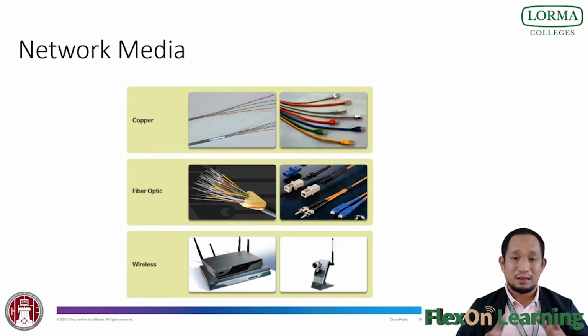Another one that we're using right now is the fiber optics. Fiber optics are the ones majority of us use. Fiber optics are being laid down on our ocean floor to communicate from one country to another, creating a series of communication path connections.